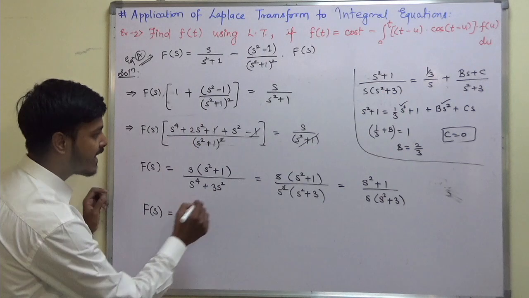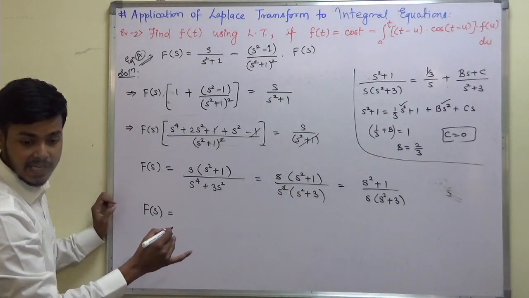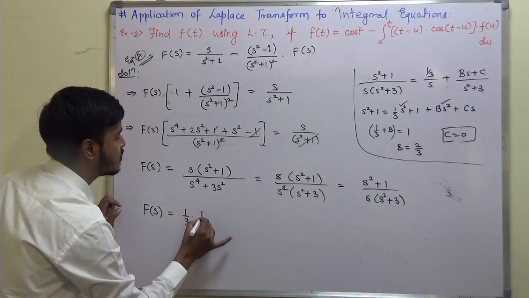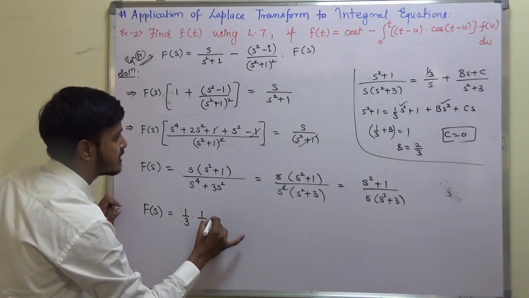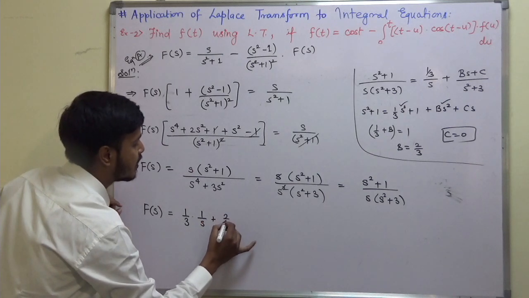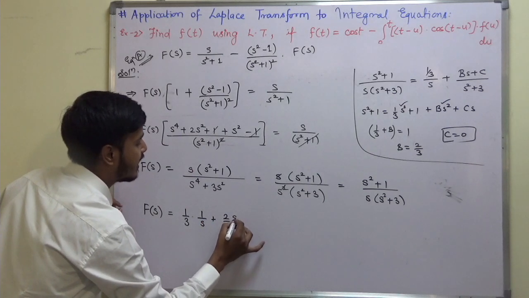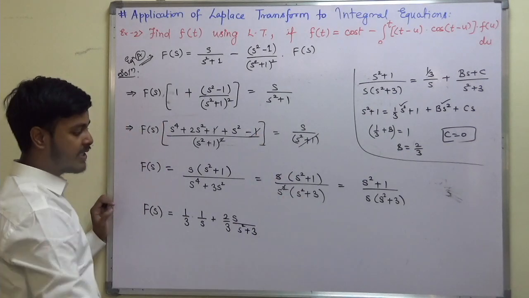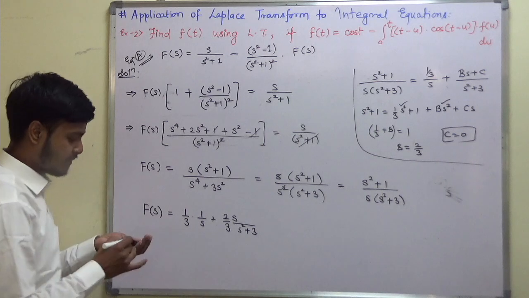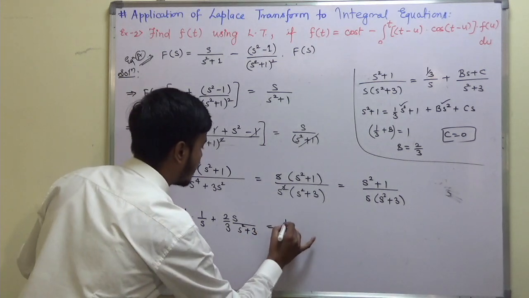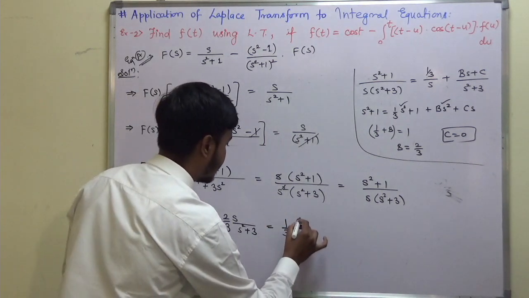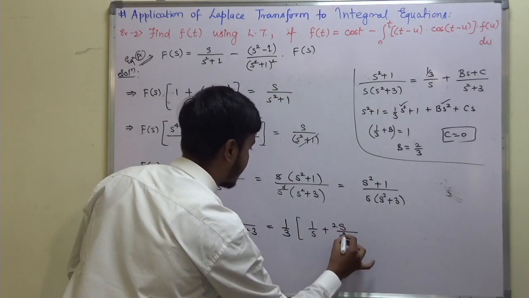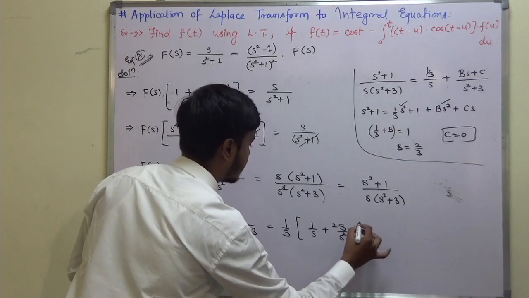So I am going to write this directly. A is 1 by 3, so 1 by 3 into 1 by s plus b is 2 by 3 times s upon s square plus 3. C is 0, so no need to write. You can take this 1 by 3 common, and write 1 by s plus 2s upon s square plus 3.